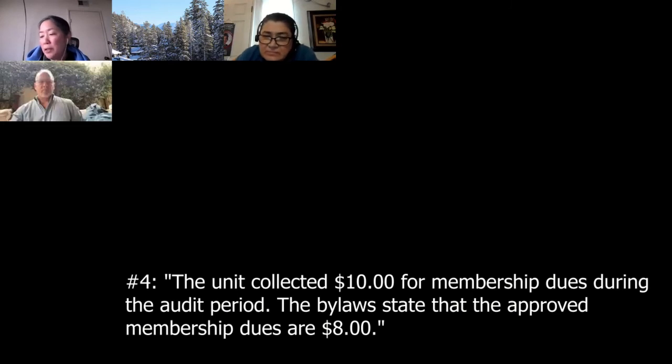So, okay, number 4. The unit collected $10 for membership dues during the audit period. The bylaws state that the approved membership dues are $8. Appropriately worded or not? Okay, good.